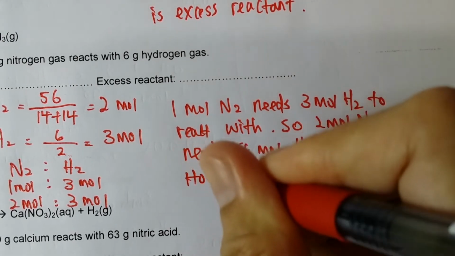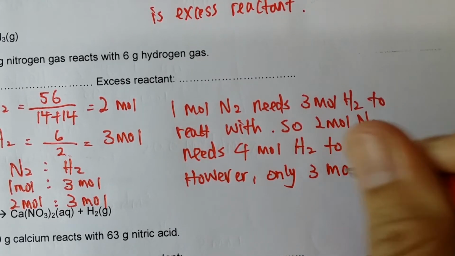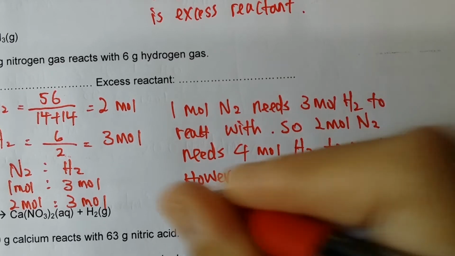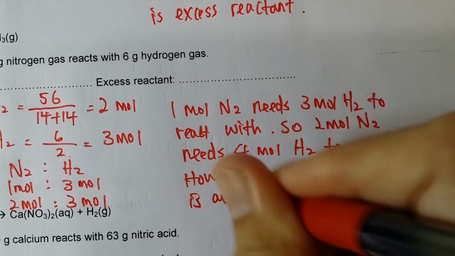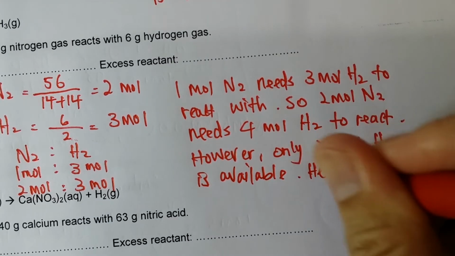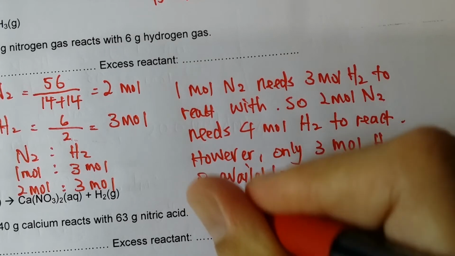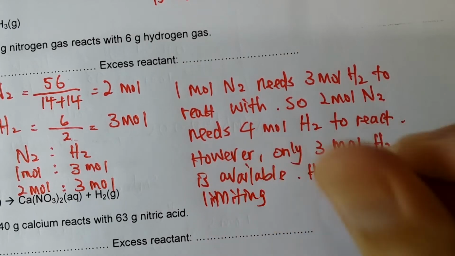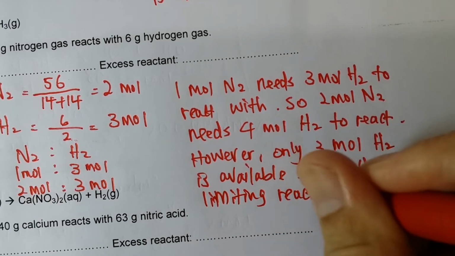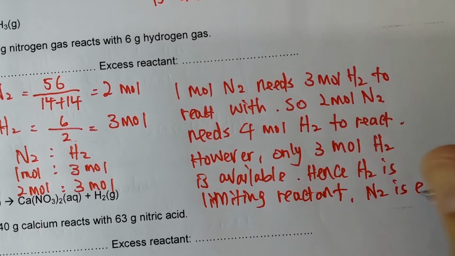However, only 3 mole of hydrogen is available. Hence, H2 is the limiting reactant, N2 is the excess reactant.